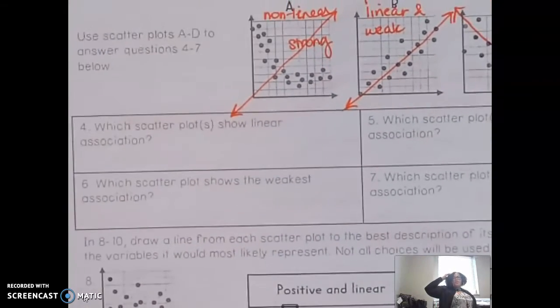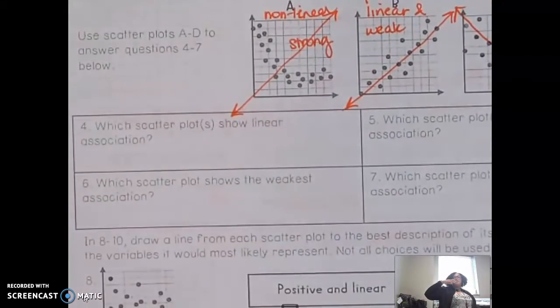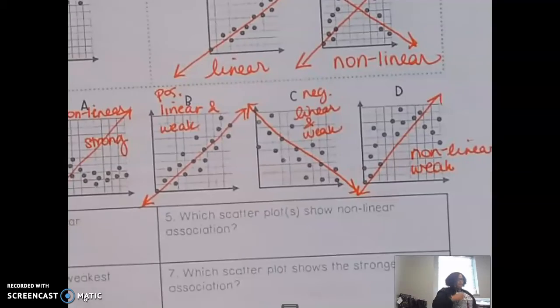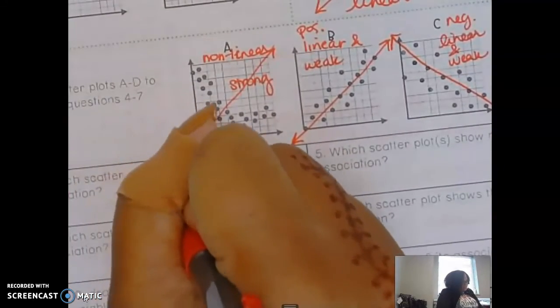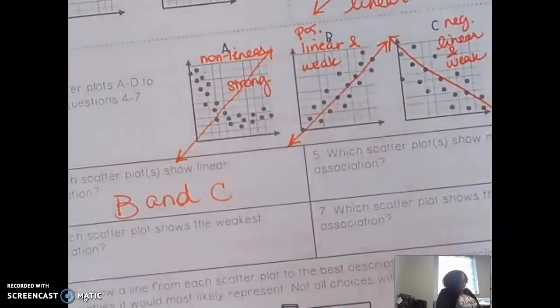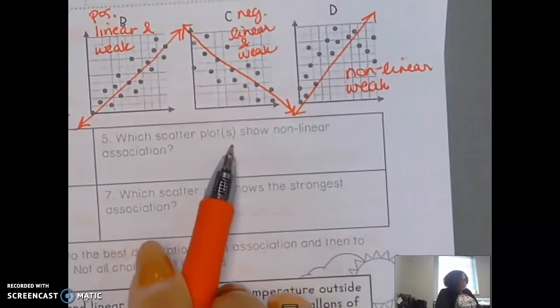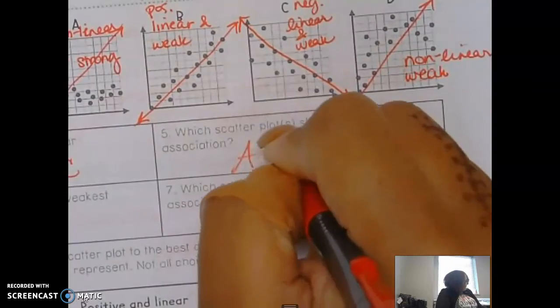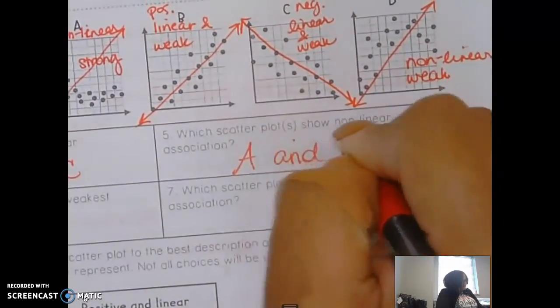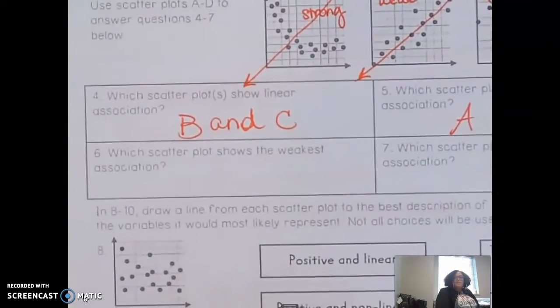So for number 4, it says, which scatter plot or plots show linear association? Linear and linear, so that's B and C. Which scatter plots show nonlinear associations? That would be A and D. 6.